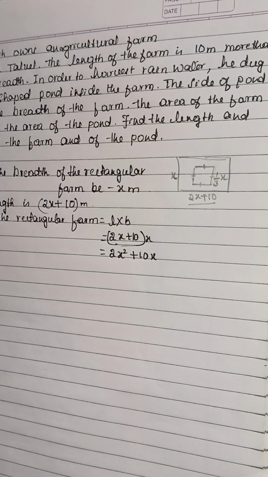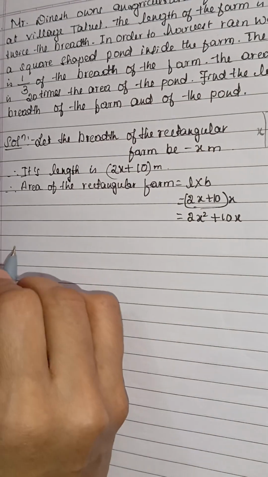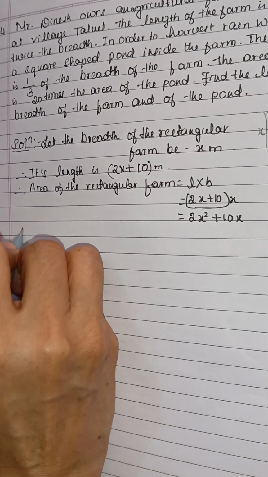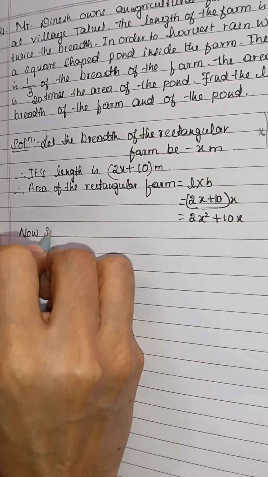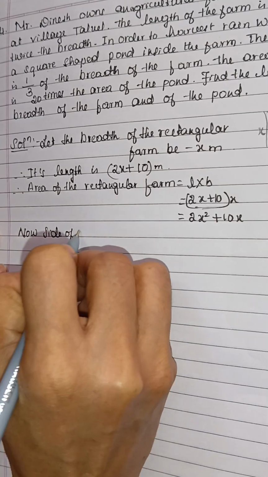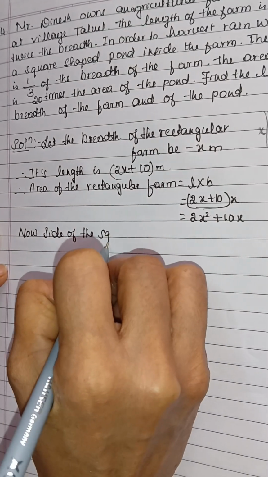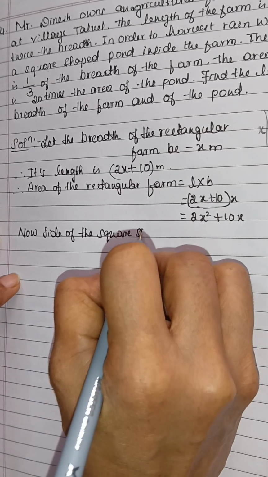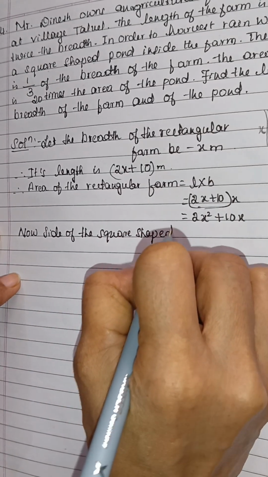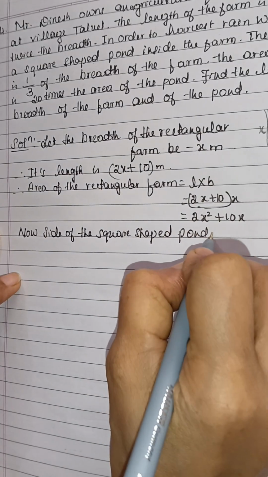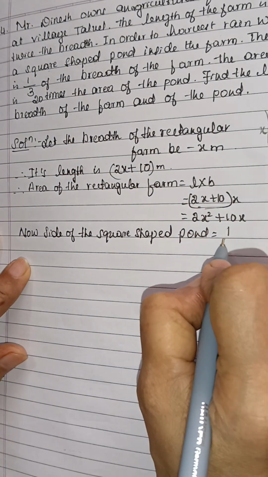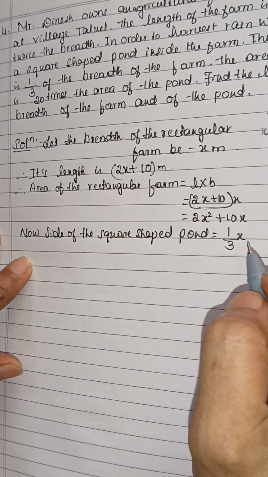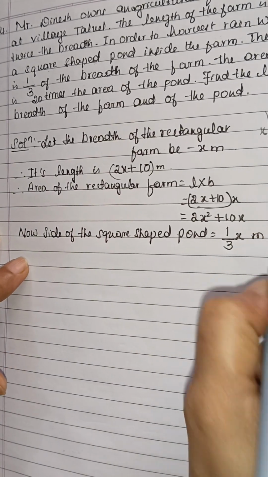Okay, so now the side of the square-shaped pond is one third of its breadth, x by 3. This is in meter.